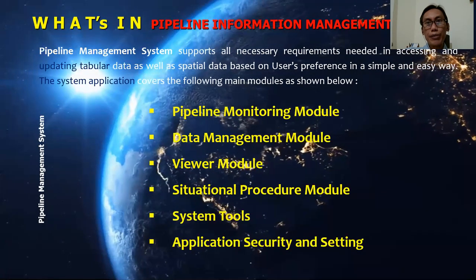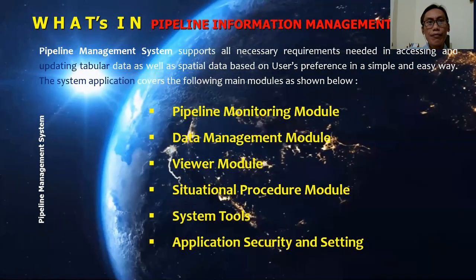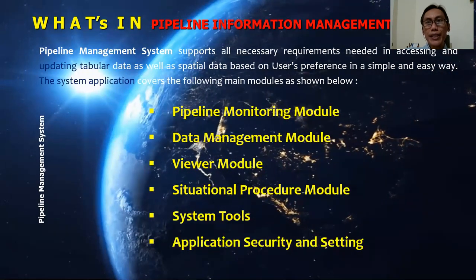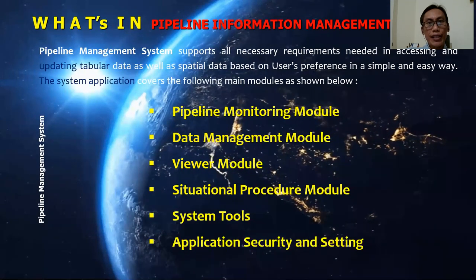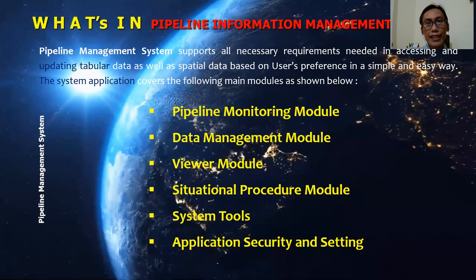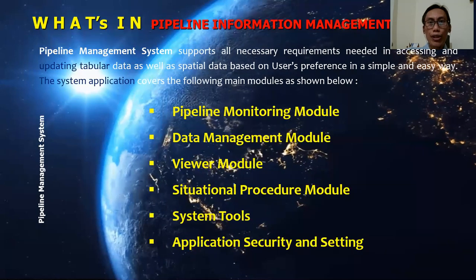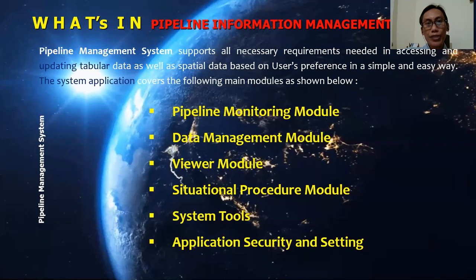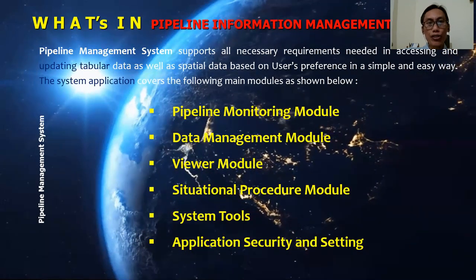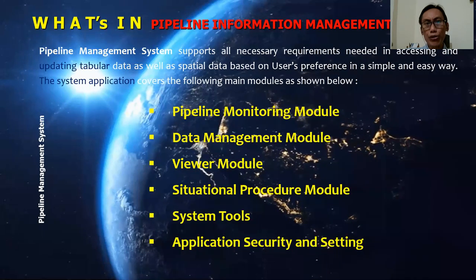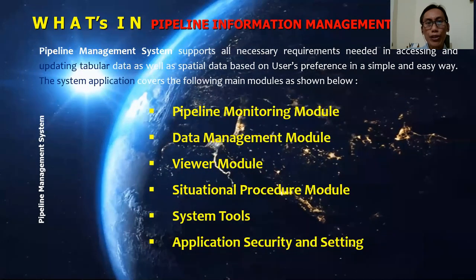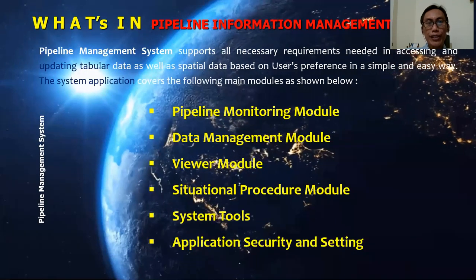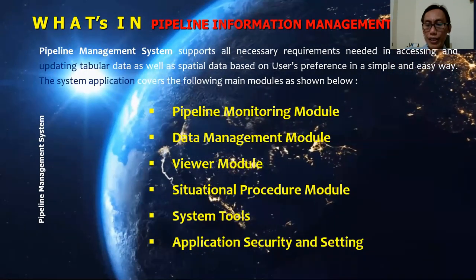This pipeline information management system supports all necessary requirements needed for daily operation for oil and gas distribution through pipeline. The solution consists of 6 main modules: pipeline monitoring module, data management module, firmware module, situational procedure module, system tools, and application security setting.